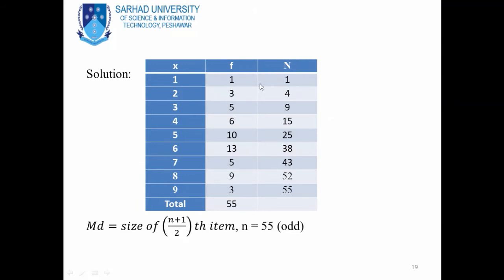Write 1 as it is. 1 plus 3 is 4, 4 plus 5 is 9, 9 plus 6 is 15, 15 plus 10 is 25, 25 plus 13 is 38, 38 plus 5 is 43, 43 plus 9 is 52, and 52 plus 3 is 55. This last number represents the total frequency, the sum of the frequencies.